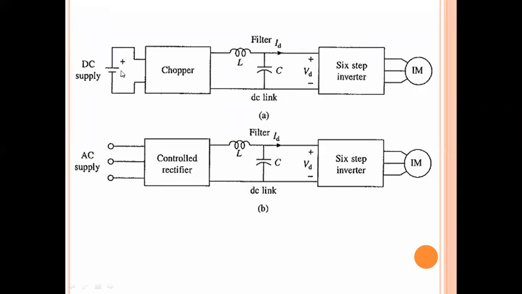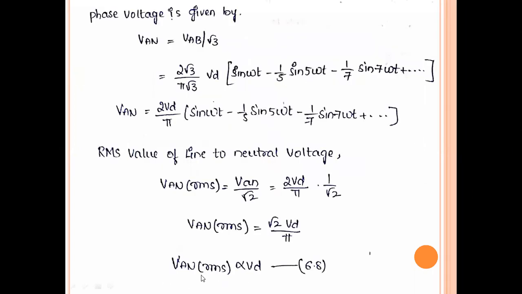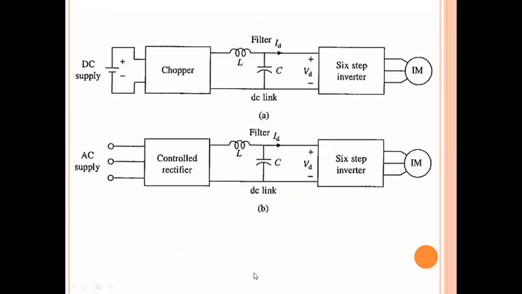When the supply is a fixed DC value, but we need to vary the DC voltage so that we can get a variable output voltage, then we must use a chopper circuit, because the chopper circuit will regulate the DC voltage.